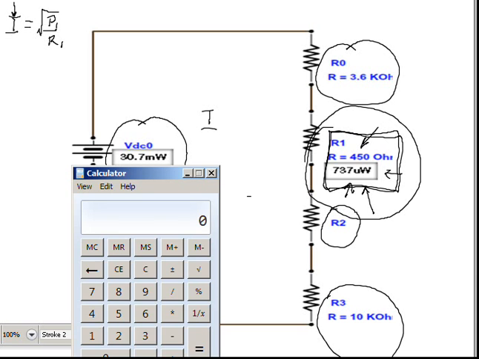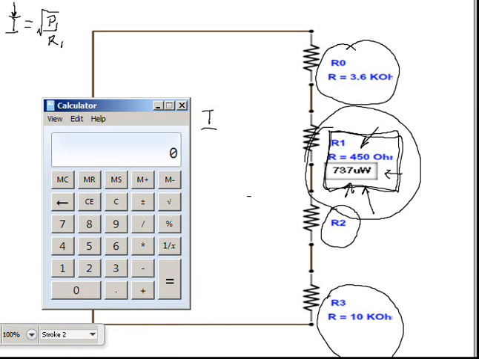So let's bring the calculator back into play here. And power is 0.000737 divided by 450, which equals 1.64 micro.